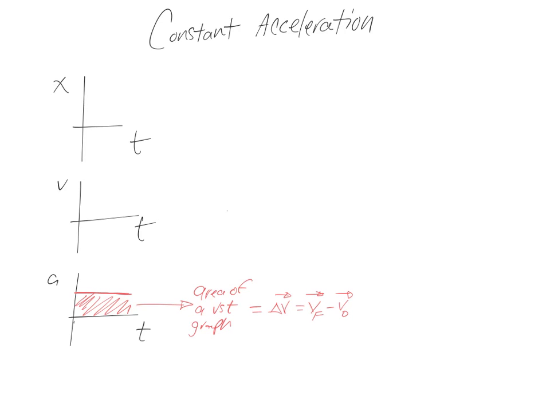And that's going to be equal to a, acceleration, times time, because this is a rectangle shape. So acceleration times time gives you the area of that rectangle, right? And if I solve this for final velocity, I get acceleration times time plus my initial velocity, v naught.